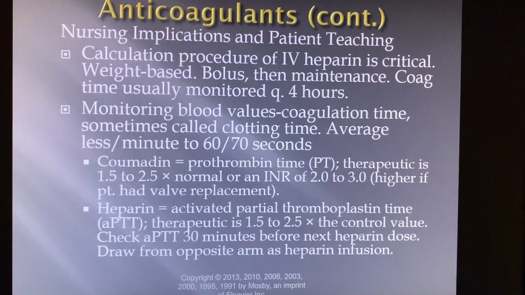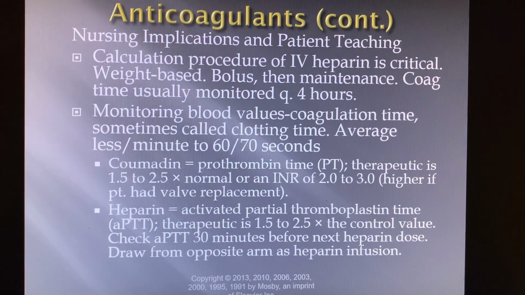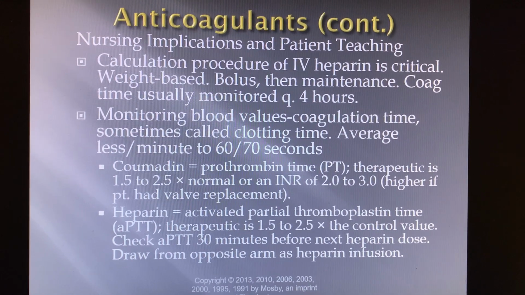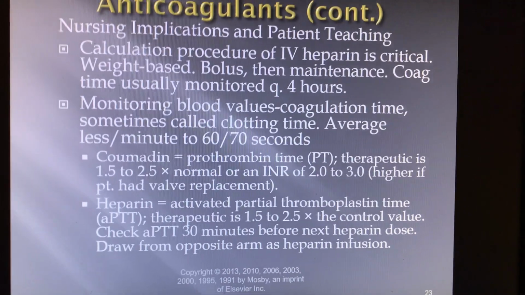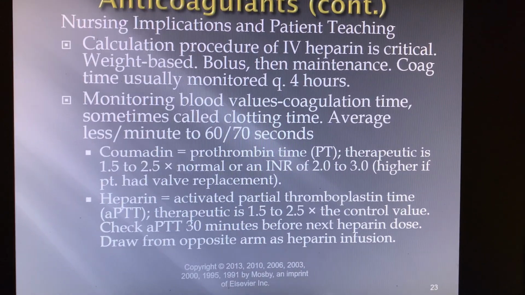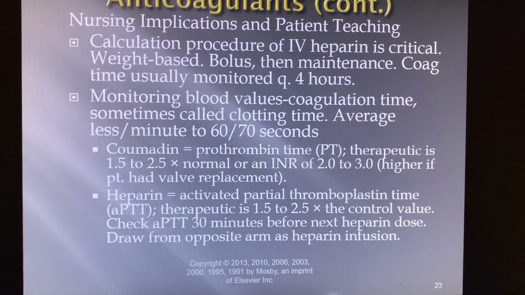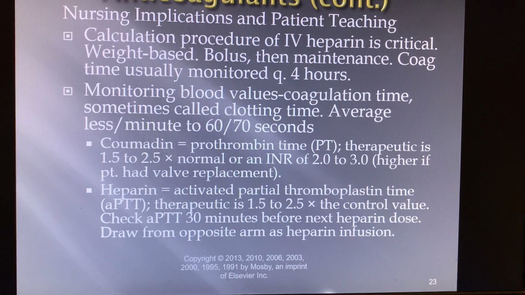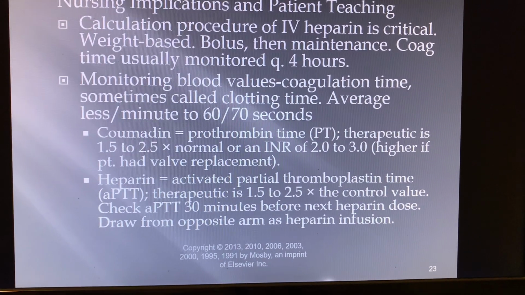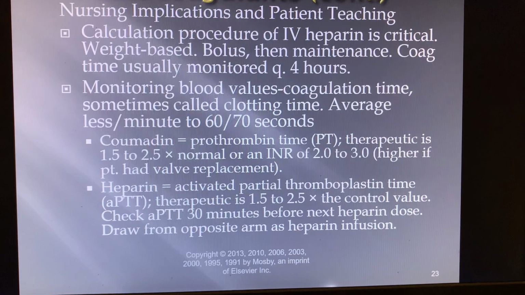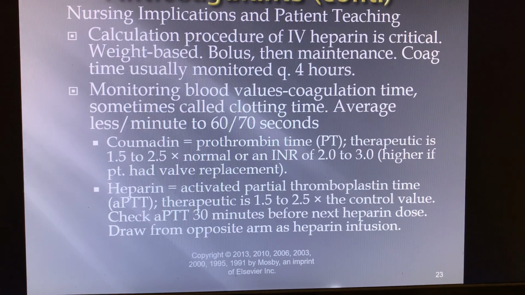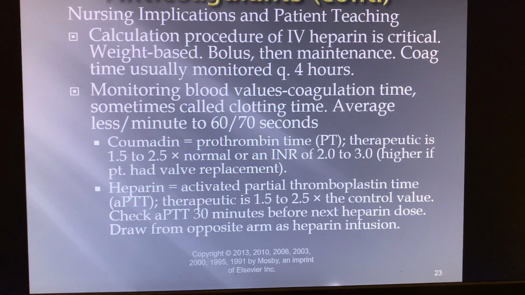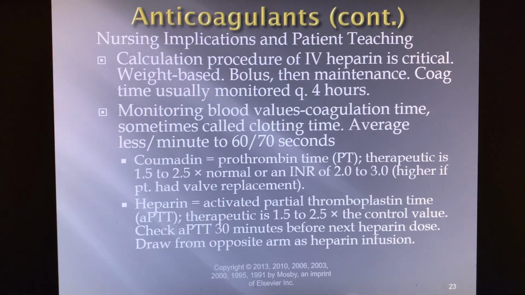So let's say it was 40 seconds. Let's say they draw your blood, you're not anticoagulated yet. Your control activated PTT is 40 seconds. So you just take 40 times 1.5, and you're going to get 60, because 1 times 40 is 40, 0.5 times 40 is 20.